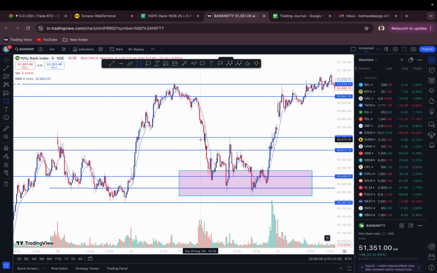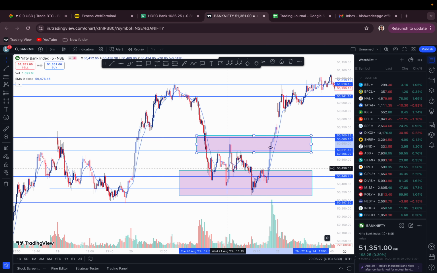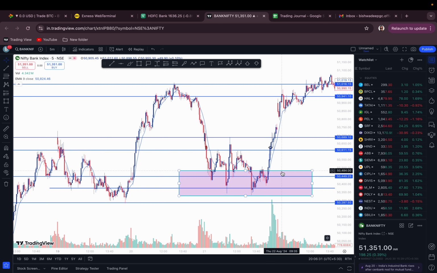And this is called the supply zone. So it will change automatically whenever there is a breakout. So the resistance line will become the support line, and the support line will become the resistance line. So it's vice versa. It will automatically happen whenever there is a breakout or breakdown, right?